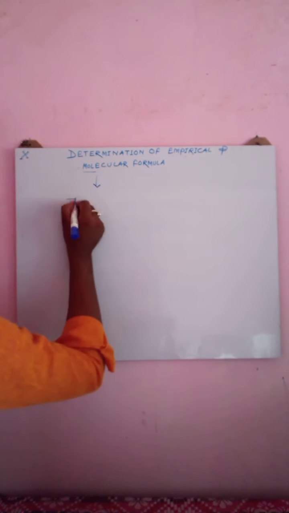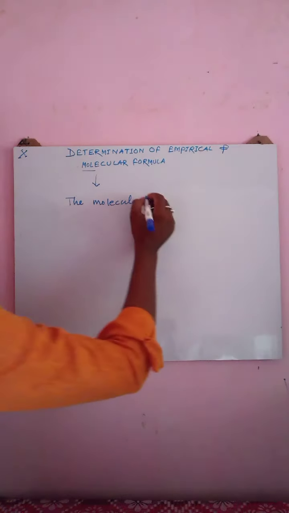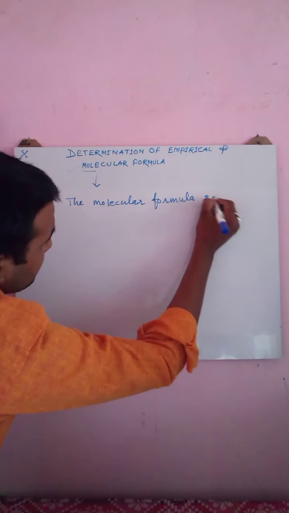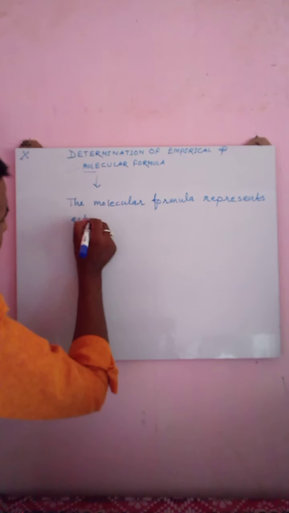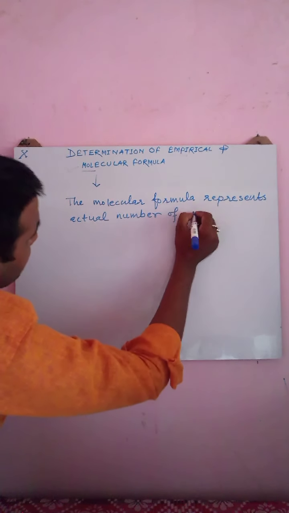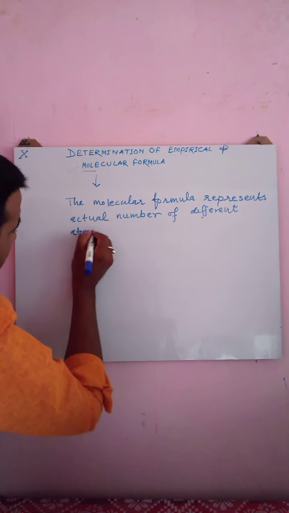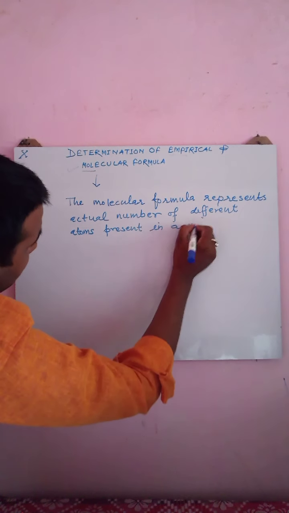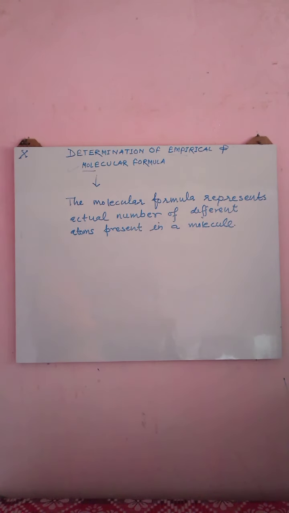The molecular formula represents the actual number of different atoms present in a molecule.